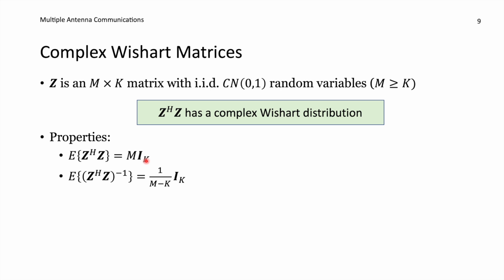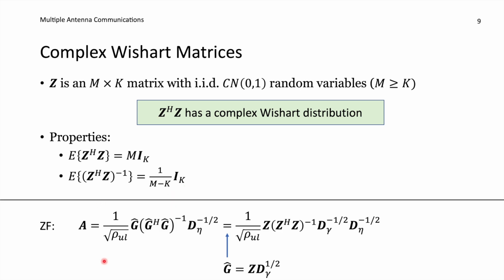What is less obvious is that if we are taking a complex Wishart matrix and we are taking its inverse and computing the expected value, we still get something that is a scaled identity. But now the scaling in front is 1 divided by m minus k. And this is one of the expressions that we will utilize when analyzing zero forcing.